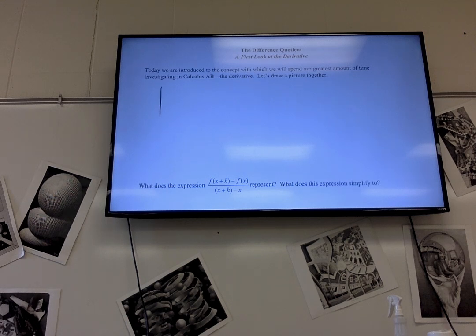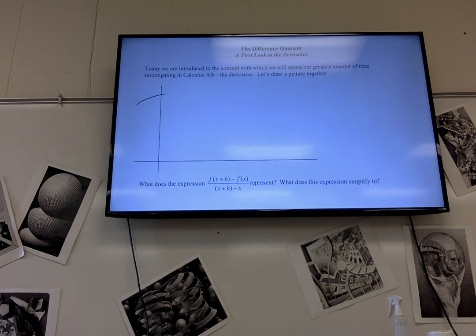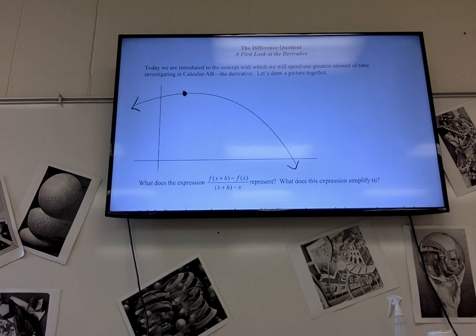So let's draw a picture here. And we're just going to draw some curve. And I'm going to pick a couple of points. I'll say this point goes with x.